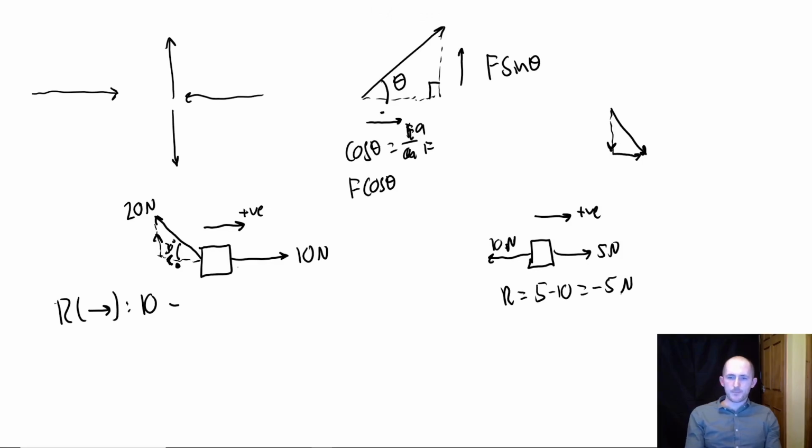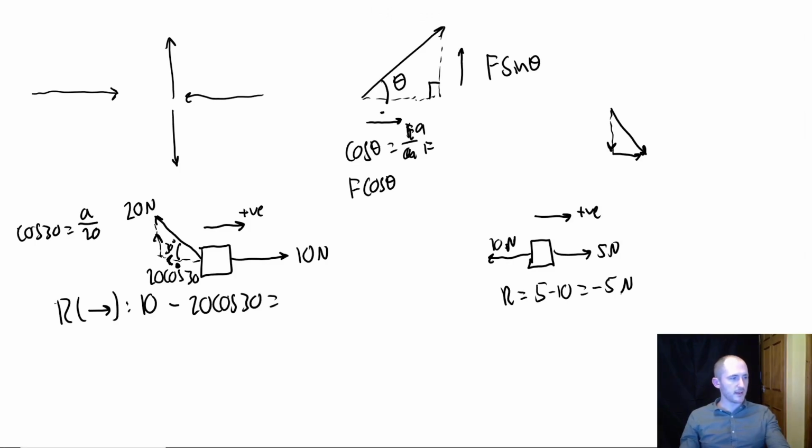So that would be adjacent, so that should be 20 cos 30. Just to illustrate that, cos 30 equals that adjacent side over the hypotenuse, which is 20. So then that's 10 minus 20 cos 30, and then you can work out whatever that is.